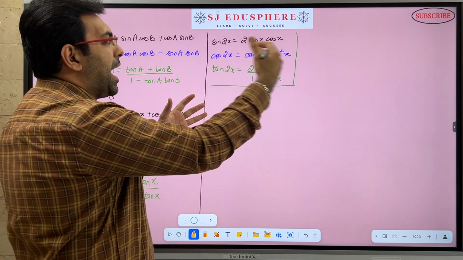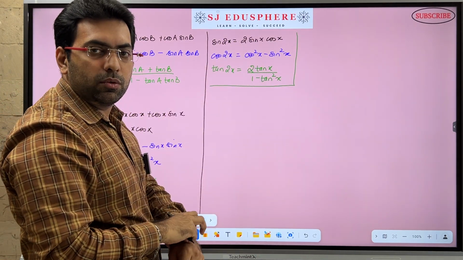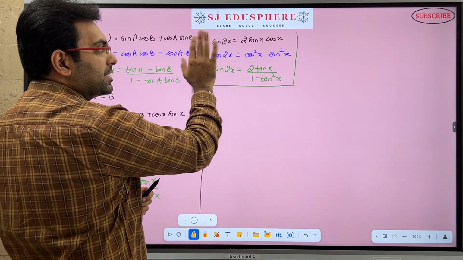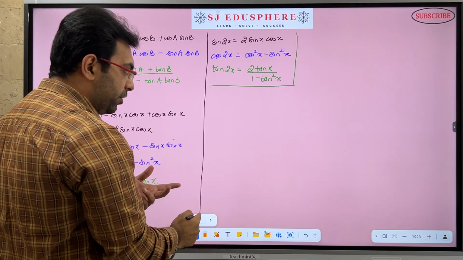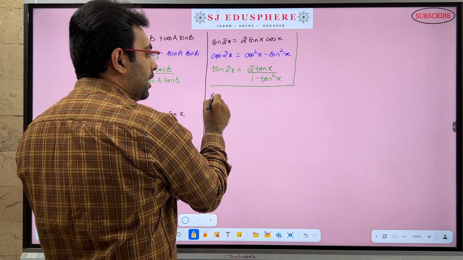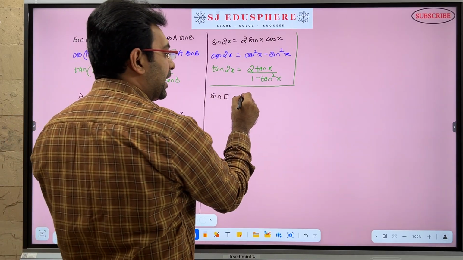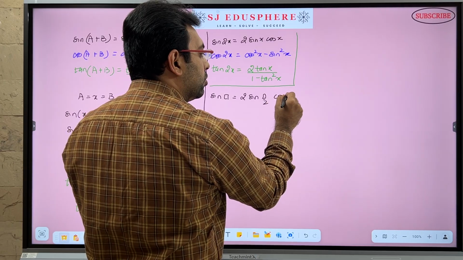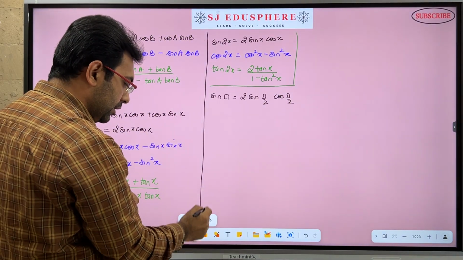But then there is a parallel list that when I take x, right hand side becomes x by 2. My sheer observation is whatever is on the left hand side, right hand side is half of it. And hence my way of writing the formula is I say sin box is 2 sin box by 2 cos box by 2.